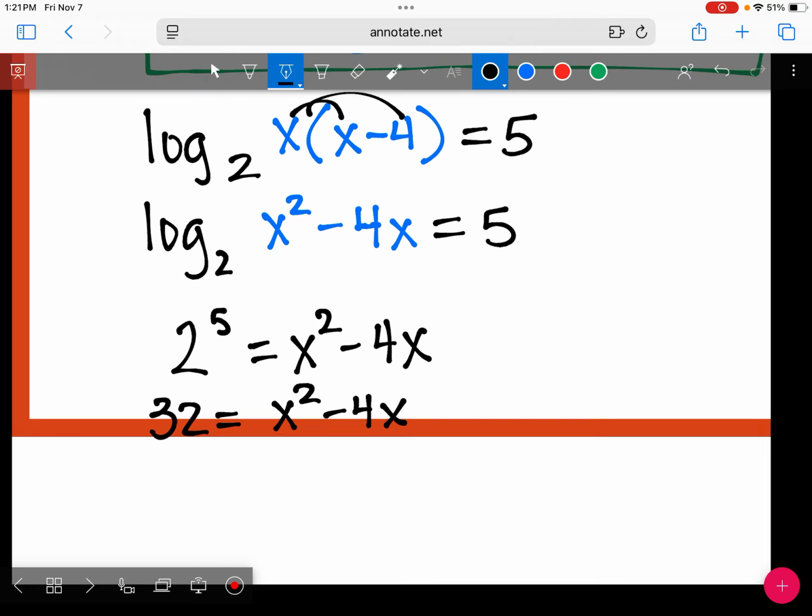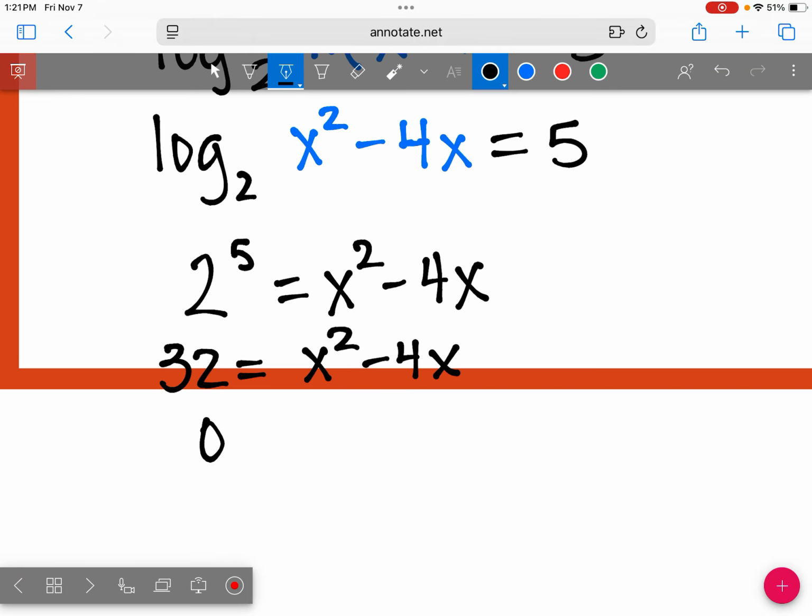So 32, so now we have to factor this down. 0 equals x squared minus 4x minus 32.